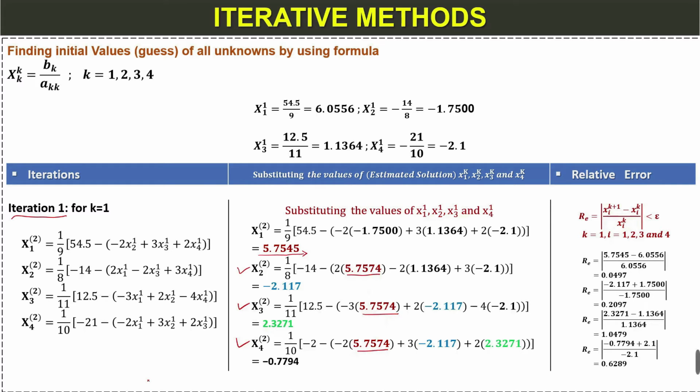So when we have calculated x21, for the rest of the unknowns we have used the new estimated solution. We have updated the previous one. This one is the previous x21, and we replace it with the new estimated solution, like this one. And after calculating x13, we have updated this one with this value. We can see that this one is x13.